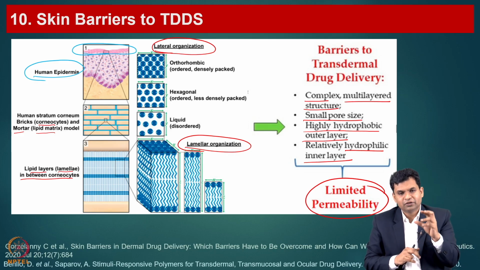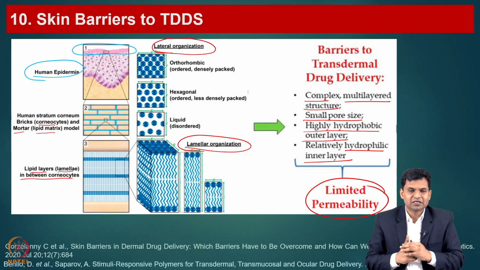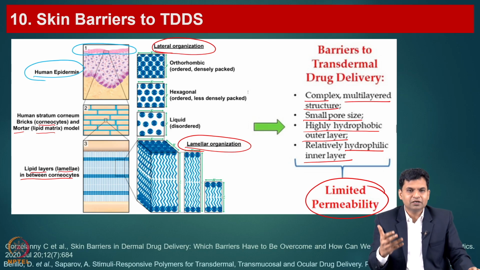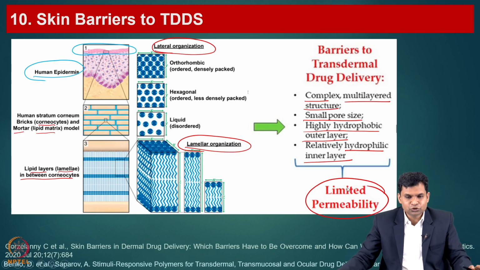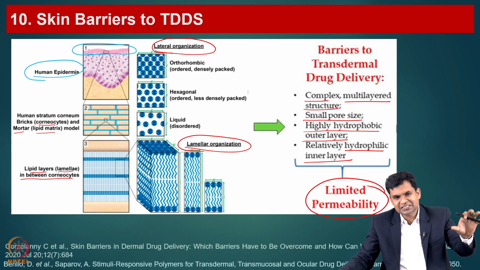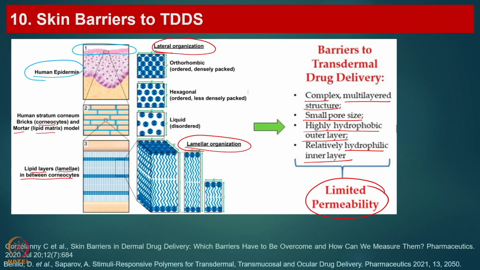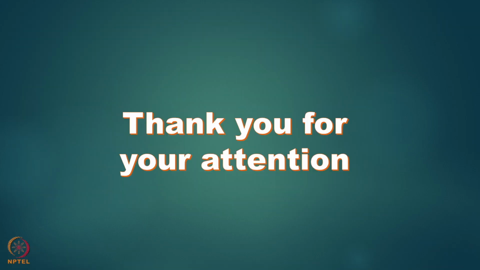So, while developing, we need to consider all these factors which are involved in the barriers. While designing we need to focus on the drug properties, the dosage form, and then the third one is physiological or biological barriers. In our upcoming classes, we are going to discuss the various factors which are involved in the development of novel transdermal drug delivery systems.